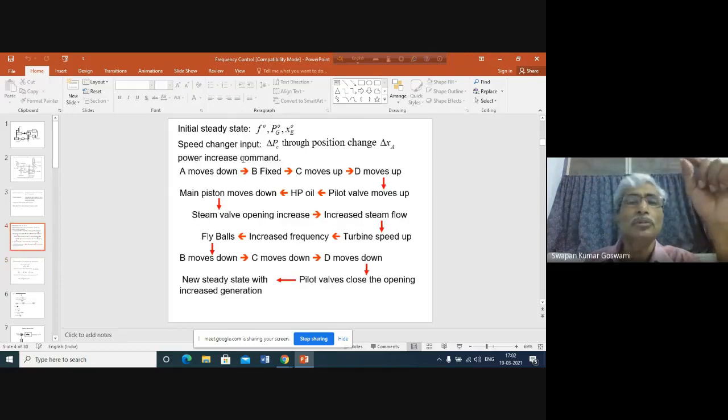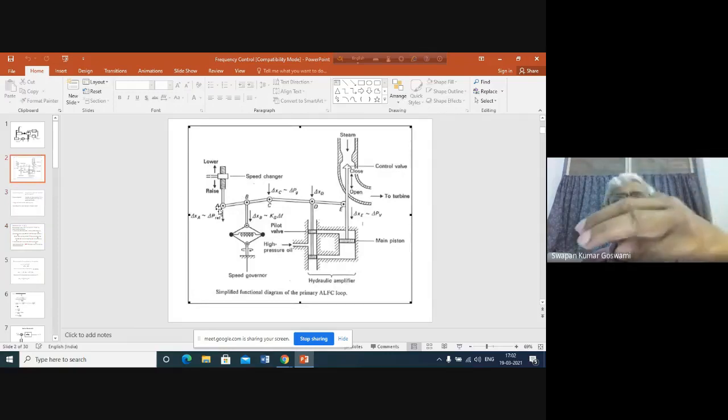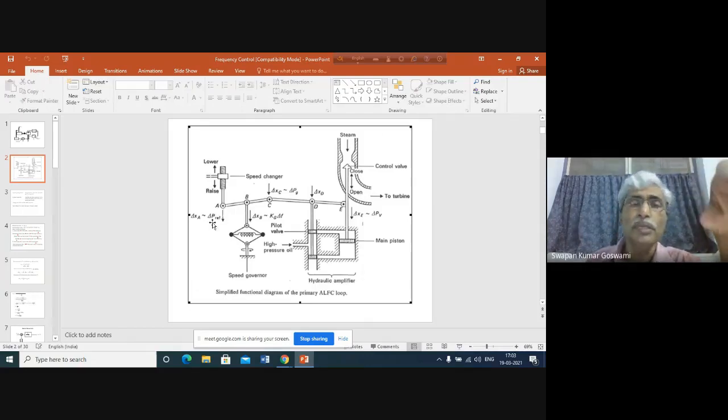Why is the position of A changed? Because you want to give a power increase or power decrease command. How much the power will be changed will obviously be known from the calibration of this.